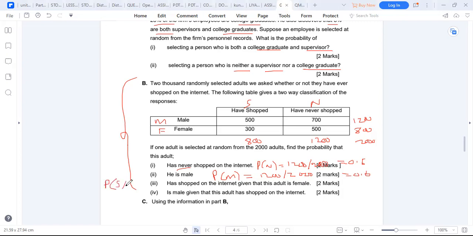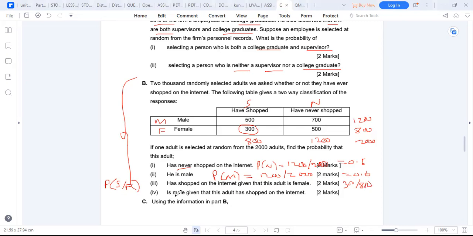Shop given F. Let's see where they're meeting, F and shopped. It's 300. But the total for what? The bottom guy, F. F is what? 800. So 300 over 800 can evaluate.